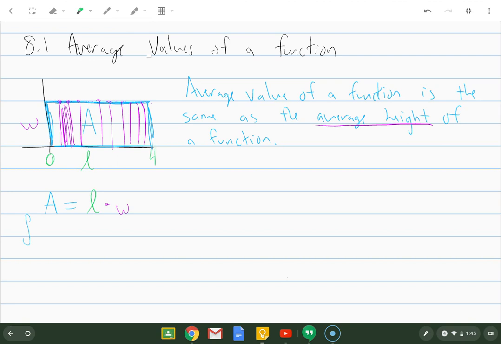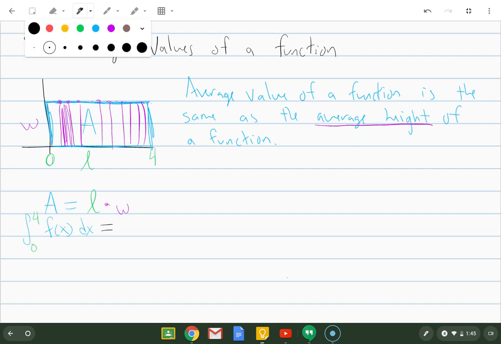So that's the integral from 0 to 4 of some function that we have, let's say it's f of x dx. Okay, so that area under that curve is going to be equal to the length times the width, right?